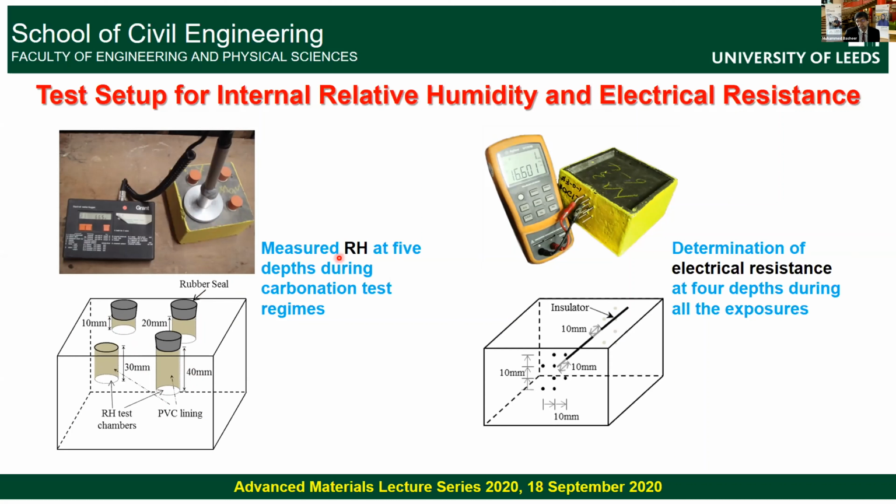That means we were able to measure the relative humidity at depths of 0, 10, 20, 30, and 40 millimeter in the prefabricated holes in concrete. And the resistivity was measured by embedding electrodes in the concrete at different depths, as you can see here, and then measuring the resistance across pairs of electrodes in the concrete.